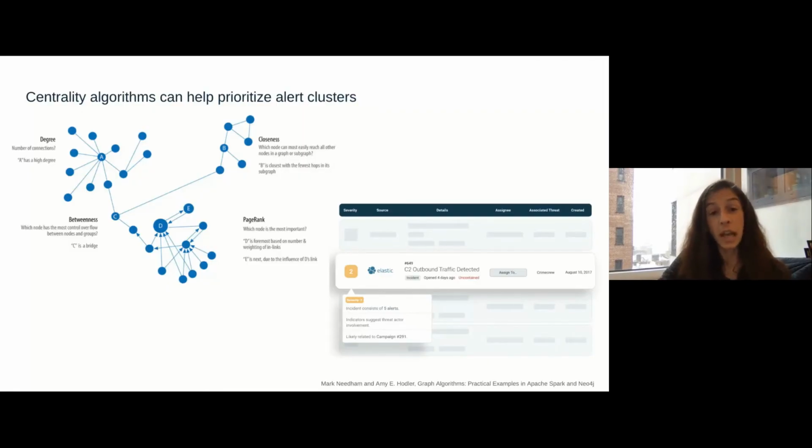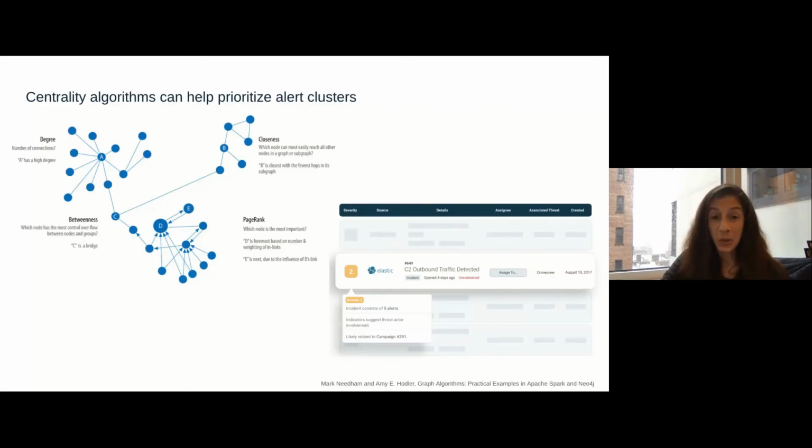So centrality algorithms really focus on the number and nature of connections. And they're very much related to just the fundamental graph topology. So these can include degree, the number of connections, betweenness, nodes that have the most control over the flow between different nodes and groups, and PageRank, which node is the most important within a particular group.